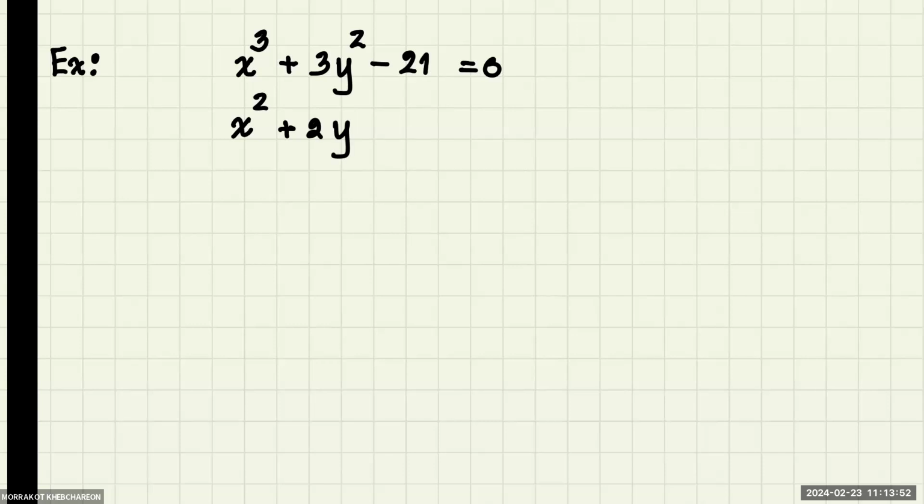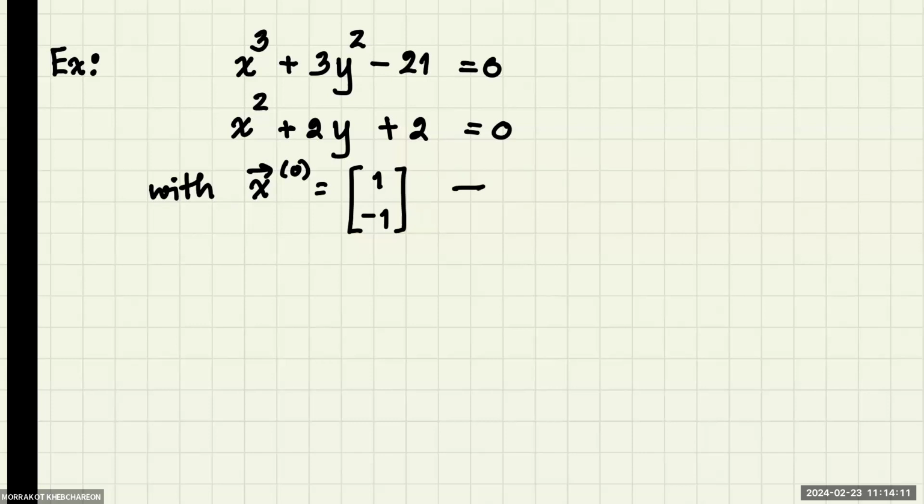Suppose I want to solve... Okay, if I write this, it means x0 is 1 and y0 equals -1. Means the same thing, okay?